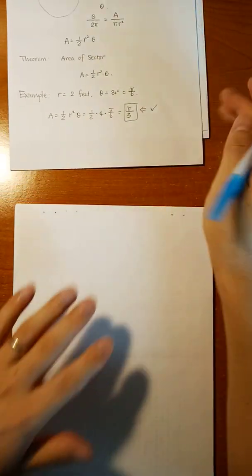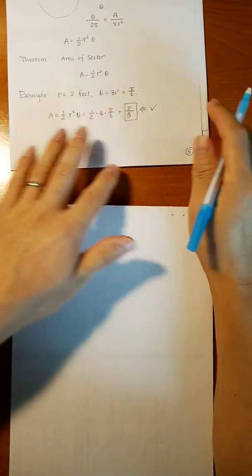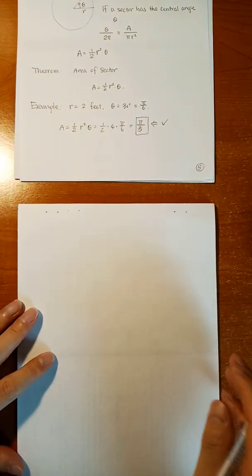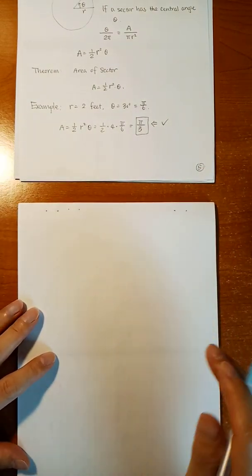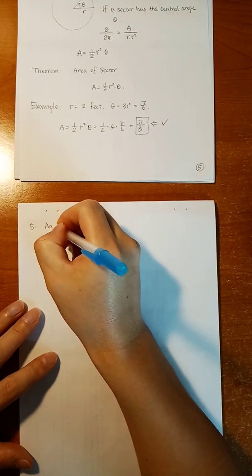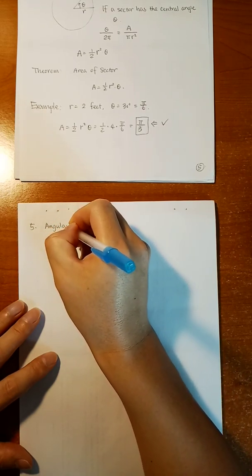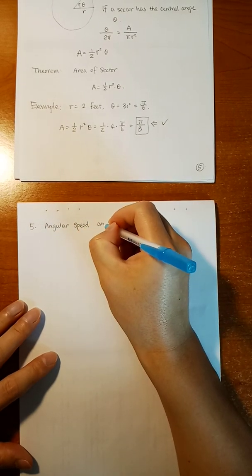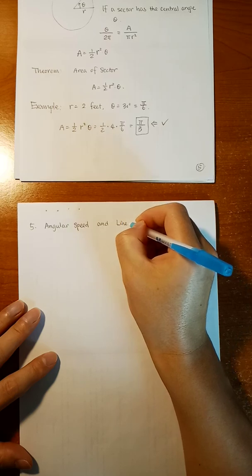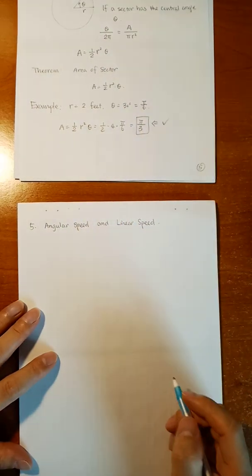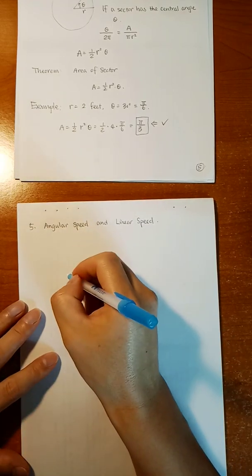The next, there's something called the angular speed and the linear speed. What does this mean? Assume you have a rope.